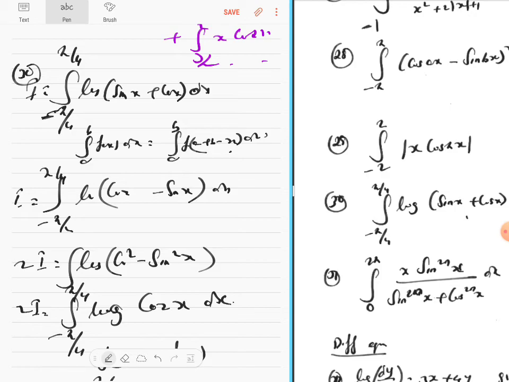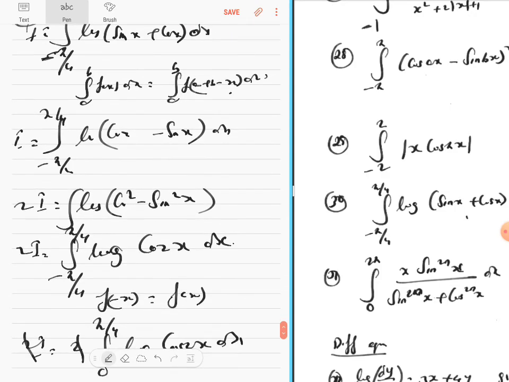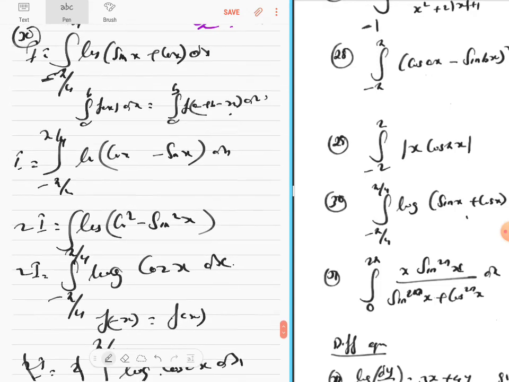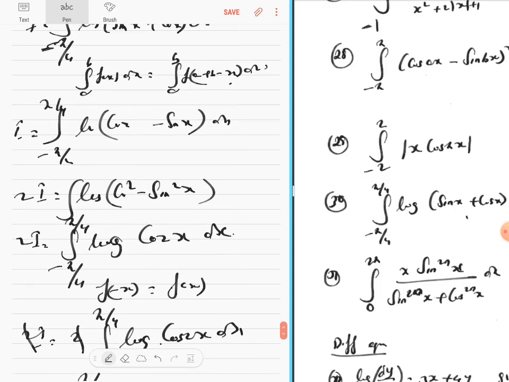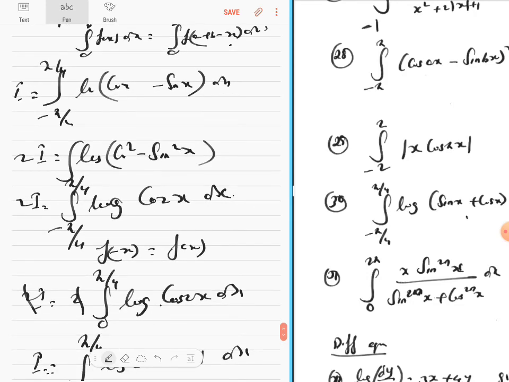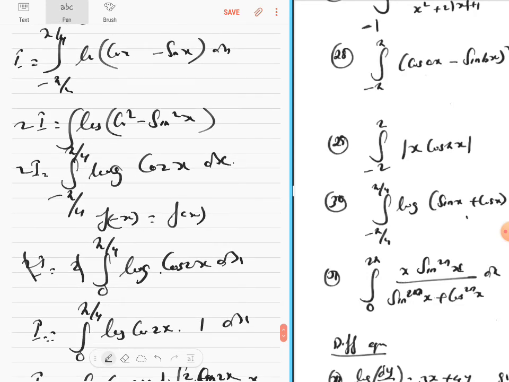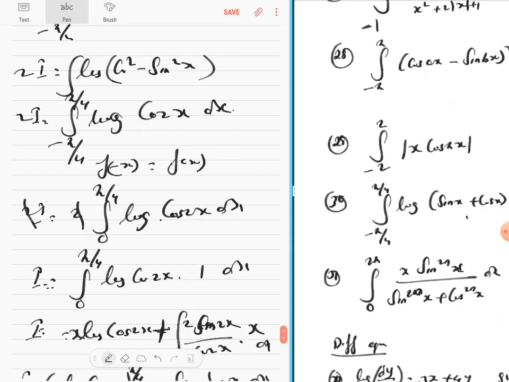Cos of minus x is cos x, whereas sine will become minus sin x. So that's also I, 2I is equal to cos square x minus sin square x log of, which is log cos 2x. Still here it's fine. Now here when I apply f of minus x, it's becoming f of x, and so 2 times 0 to pi by 4, and 2 and 2 get cancelled, 0 to pi by 4 log cos 2x dx.